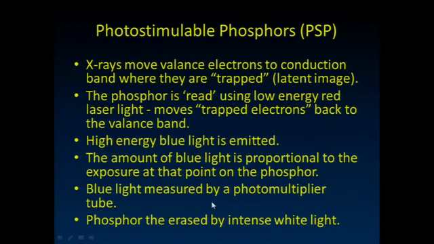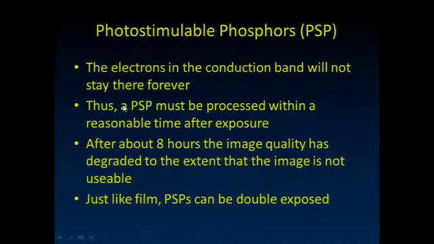The phosphor at the end is then erased with an intense white light, because as you stimulate the phosphor, some of those electrons have stayed in the outer band, and you now want to move them all back to the inner band before you use the plate again. Otherwise, you end up with a little bit of a double exposure.